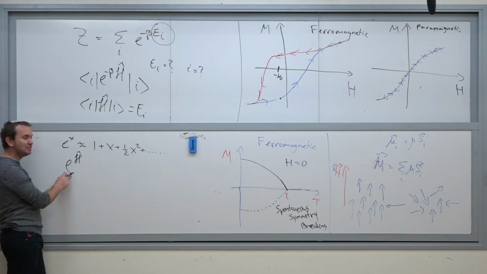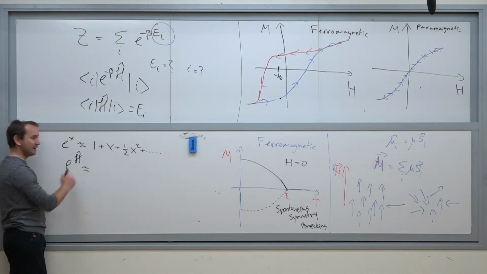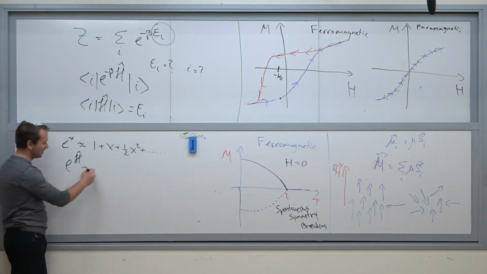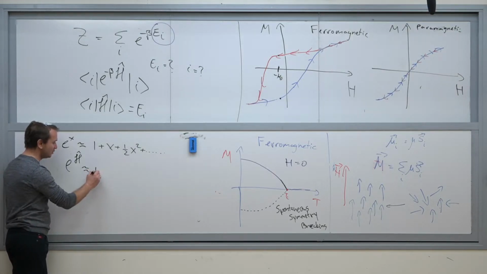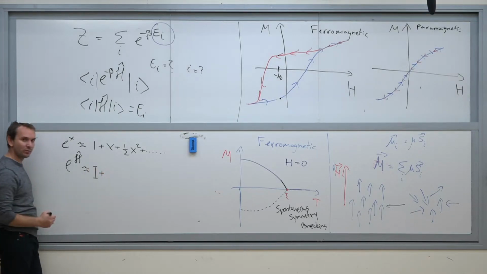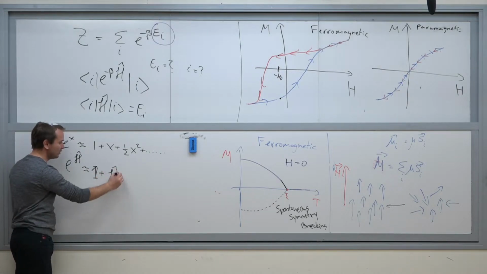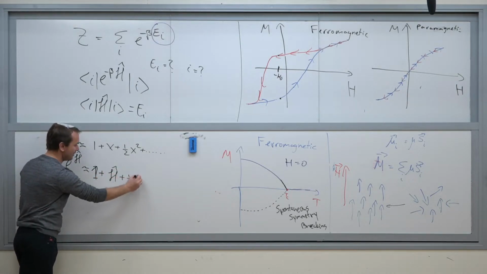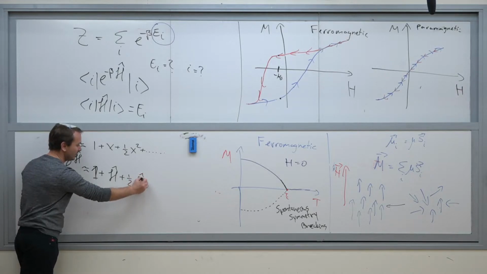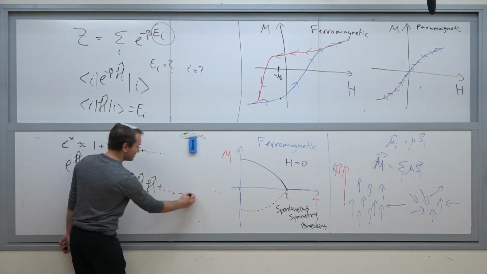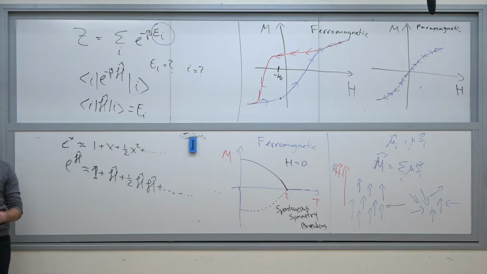What I mean by writing an exponent of a Hamiltonian is that if I expand it in a Taylor sum, it would look like the identity operator plus the Hamiltonian plus 1/2 Hamiltonian times Hamiltonian, etc. So this is the usual expansion.